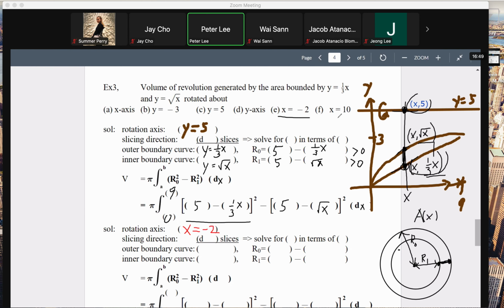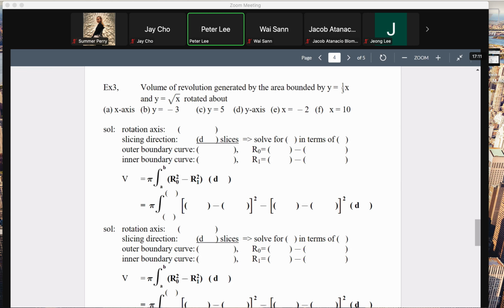X equals -2 is a line over here. It's kind of a mess here, and then we are going to rotate this. Let me just save this and erase all this, and then do this again.